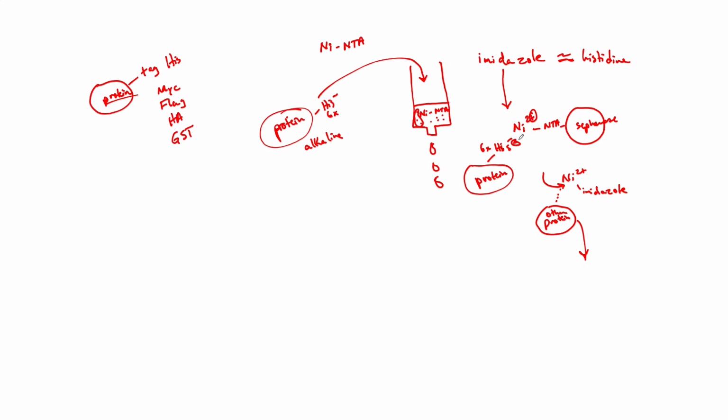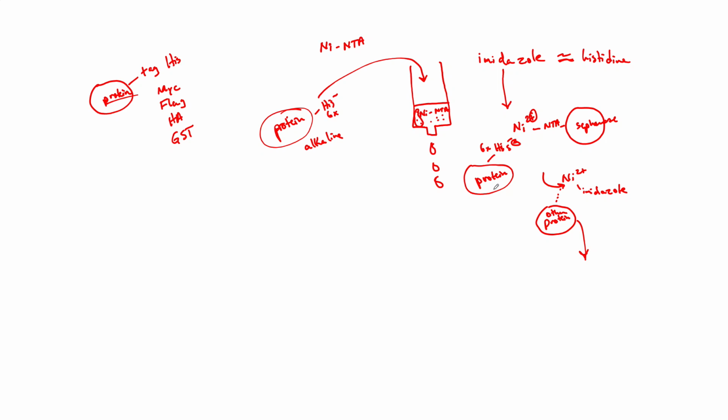It won't be strong enough to remove the protein that has the his tag, and so that will remain bound to the nickel. So then we're going to do a couple washes with this low concentration of imidazole, and that will remove all of the proteins, presumably, except the one that has this histidine tag, which is the one that we cloned into PQE31 that has our target gene expressed.